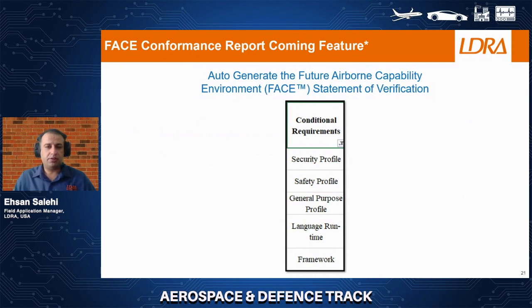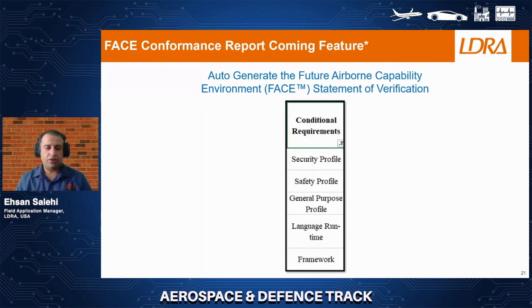As you can see, there are some conditional requirements, such as security profile, safety profile, general purpose profile, and some other conditional requirements. If a requirement is subject to a conditional requirement, or the conditional requirement is not empty, then a user can import the value to the conformance justification part of the TP Manager, and that value would be integrated to finalize a statement of conformance document, which needs to be supplied with every UOC to the verification authority.